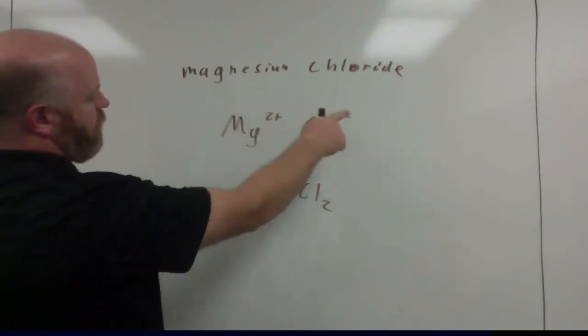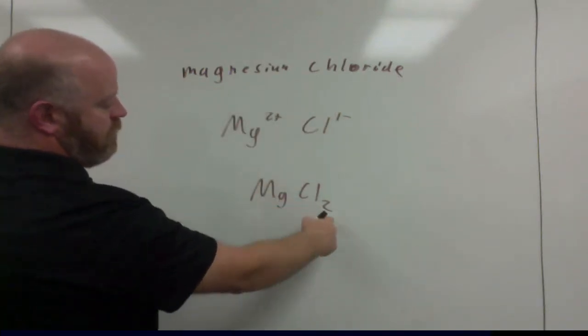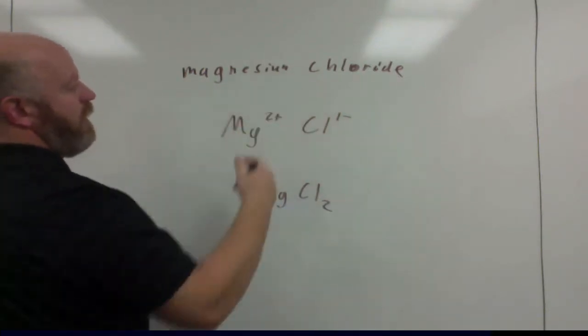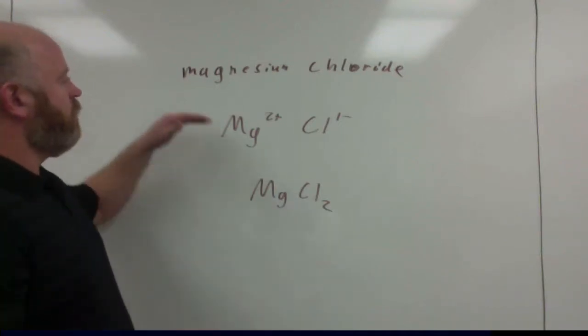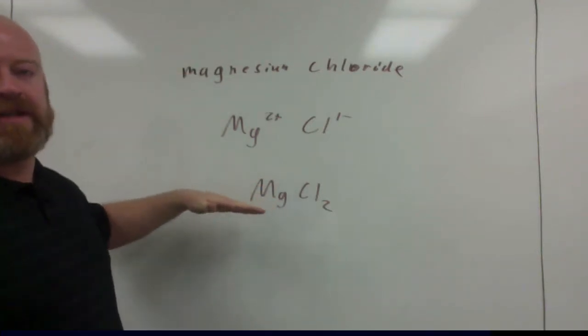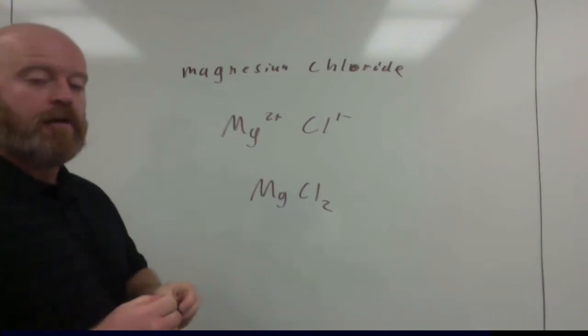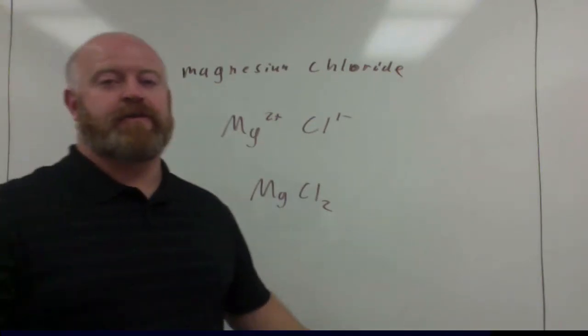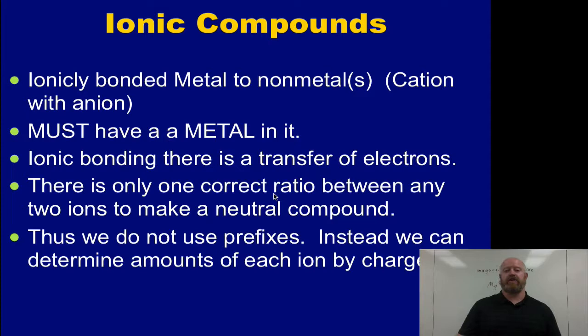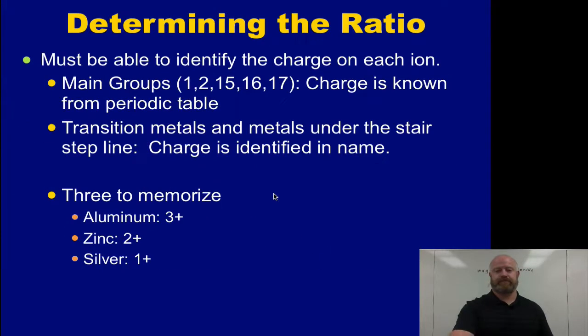There is no possible way of getting anything besides a 1-to-2 ratio here. So for magnesium chloride, we don't use prefixes because this is the only possible way that magnesium combines with chlorine. Because we don't have prefixes, we have to be very careful about our charges and know what the charges are as we go through ionic compounds.